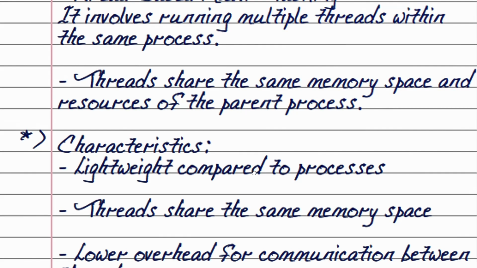Let's take an example for thread-based multitasking. Suppose we have 100 lines of code. The time required to execute those 100 lines of code is, let's say, 10 minutes. If we divide the 100 lines of code into threads, let's say T1 and T2, the program will be divided in between.